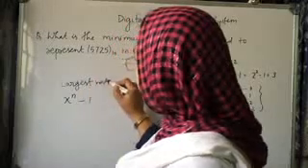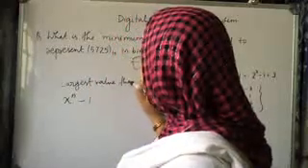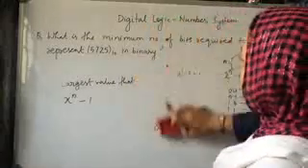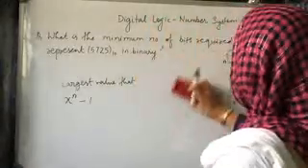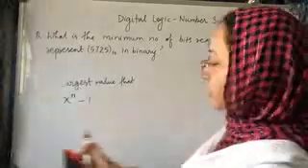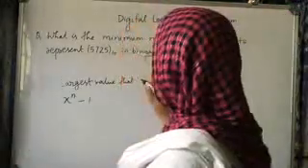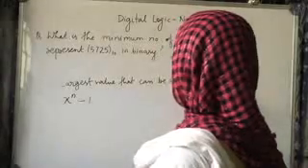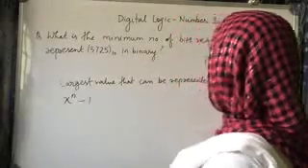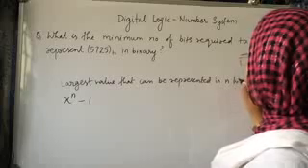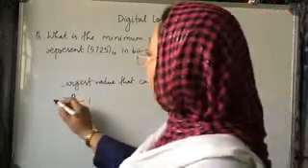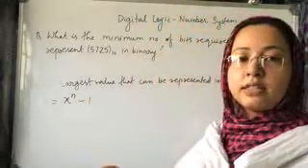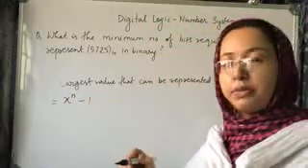The largest value that can be represented in n bits is x to the power of n minus 1, where x is the base and n is the number of bits.